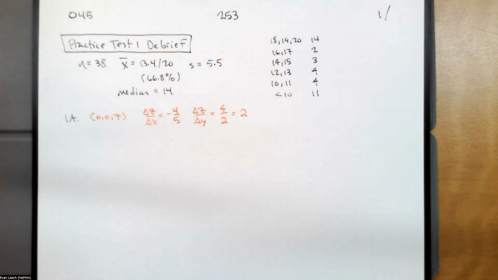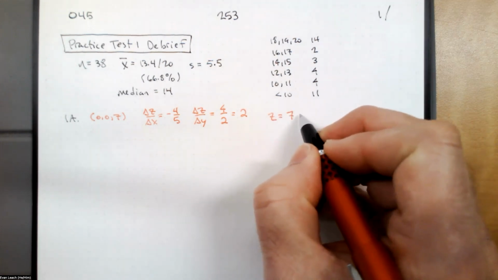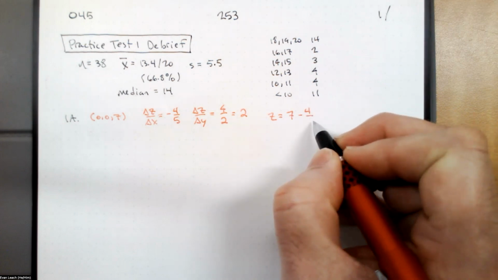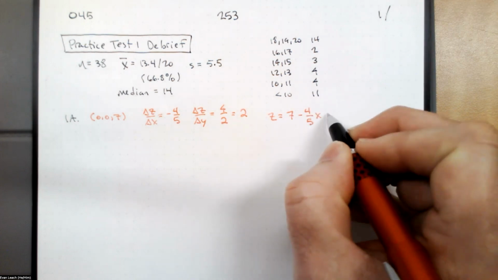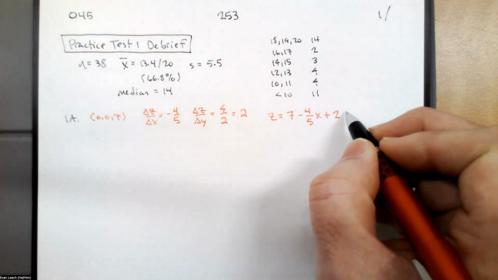With this information, dz/dx, dz/dy, and a z naught of 7, that's how we'll build the plane. It's most convenient to use the function notation. So z is equal to z naught plus the change in z with respect to x times x plus the change in z with respect to y times y.